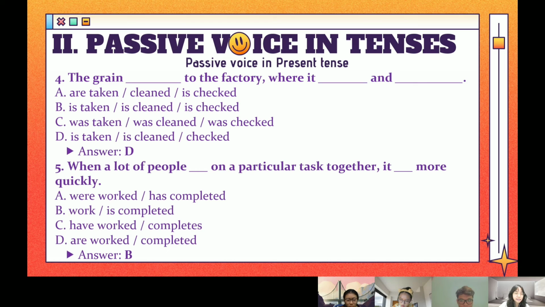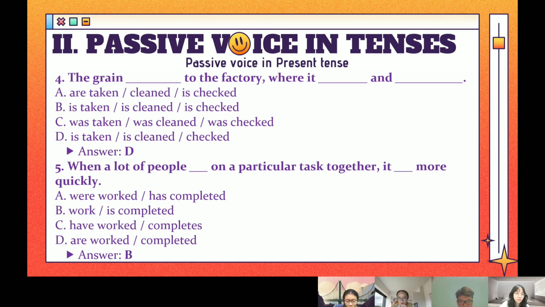Finally, the last sentence, I would like to find D to answer. Thank you, it is correct. B is the correct answer. You can easily see that the first clause is active with the subject people and the object task.